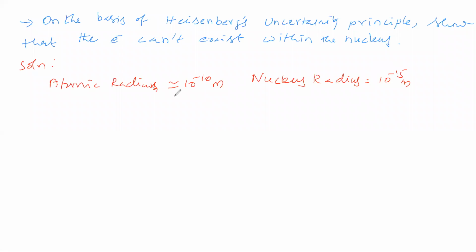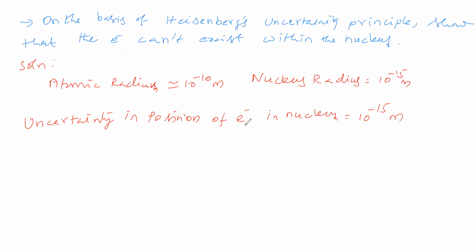Now we will find the uncertainty in position of electron in the nucleus. Since nucleus radius is 10 power minus 15 meter, the uncertainty in position of electron in the nucleus cannot be greater than 10 power minus 15 meter.